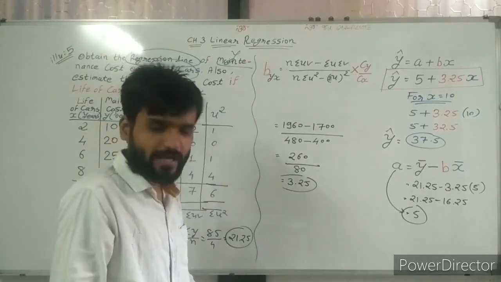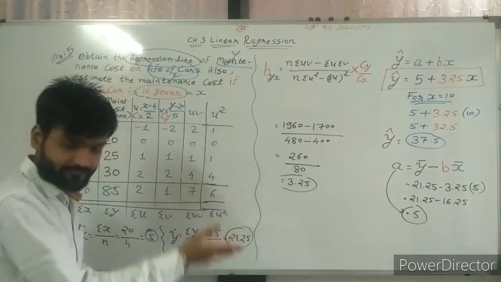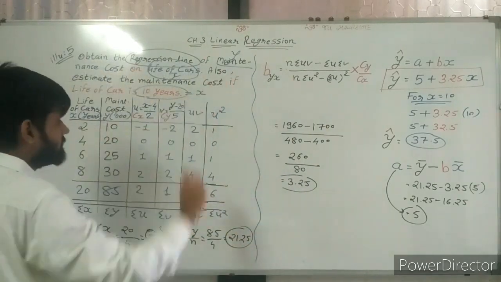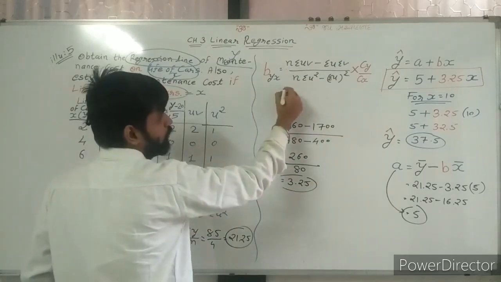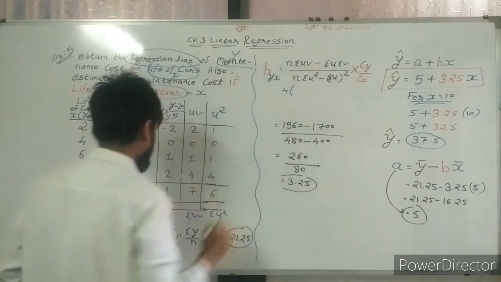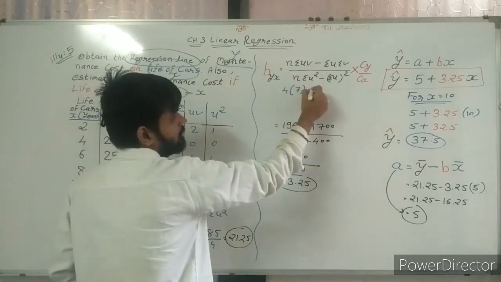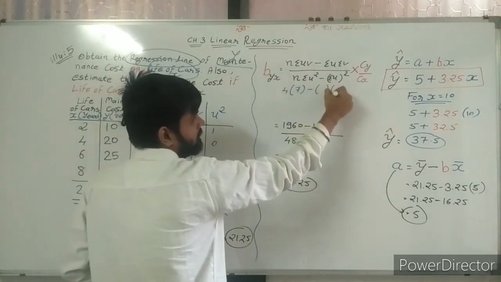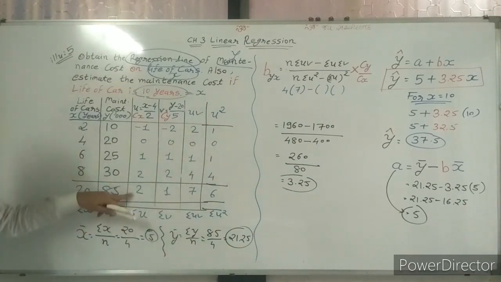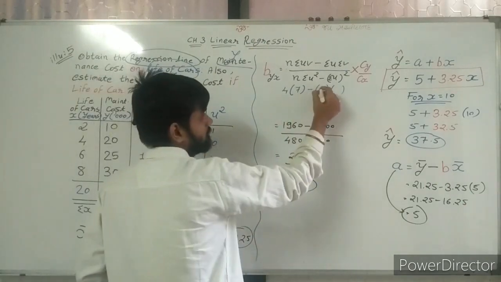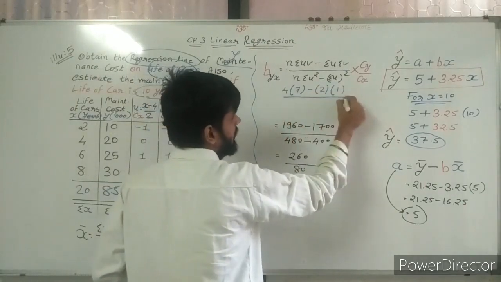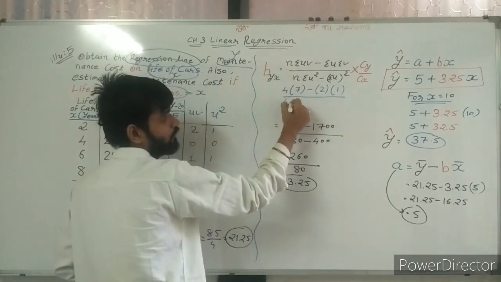Now putting the values. Now n, sir, we know n is equal to 4. Sigma uv is equal to 7. Sigma u is equal to 2, sigma v is 1, divided by n, 4.